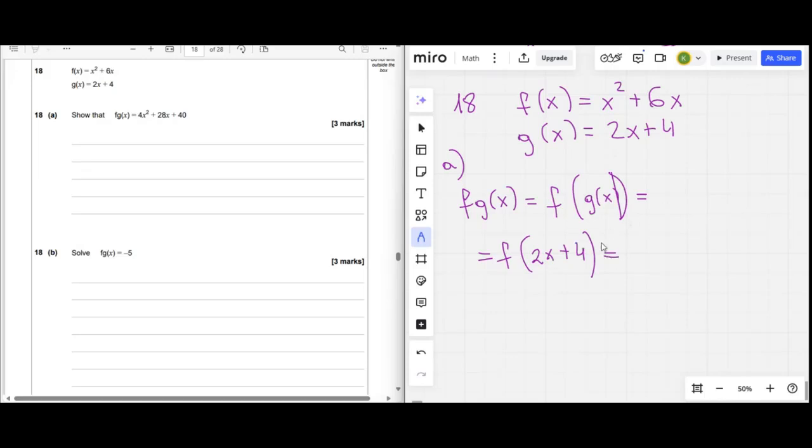And that means in f of x, instead of x, we need to put the whole thing, 2x plus 4. So 2x plus 4, the first thing squared, plus 6 times that thing, 2x plus 4.